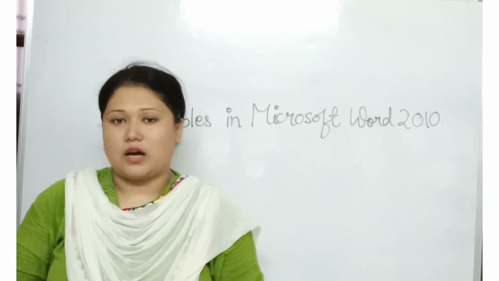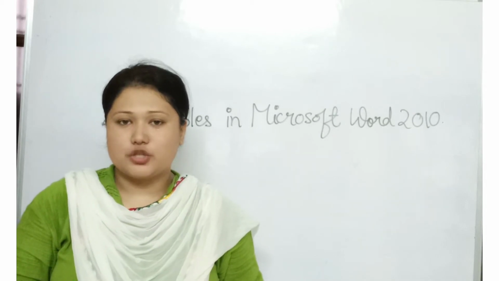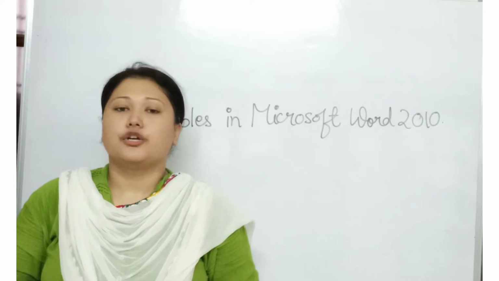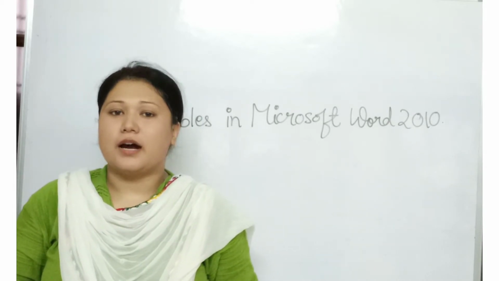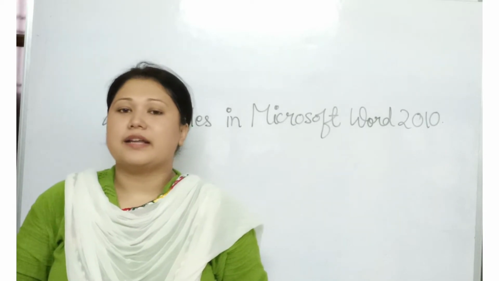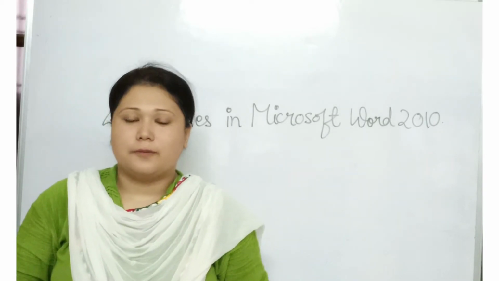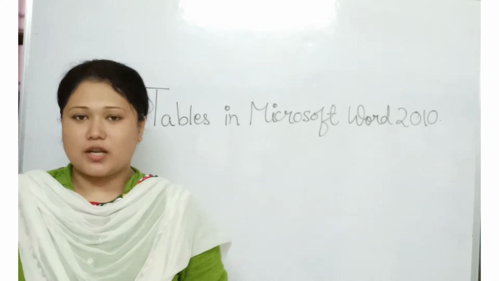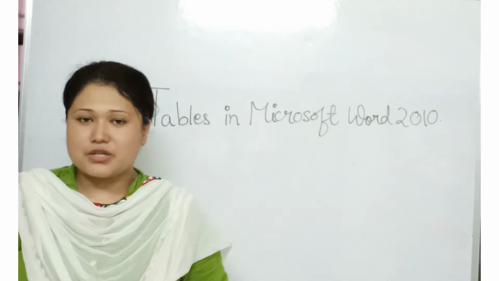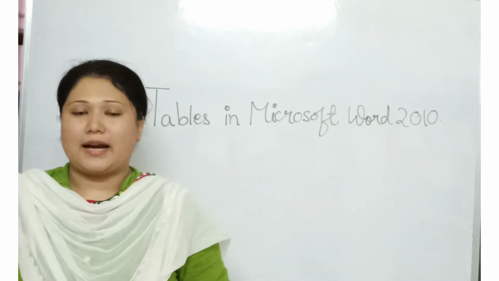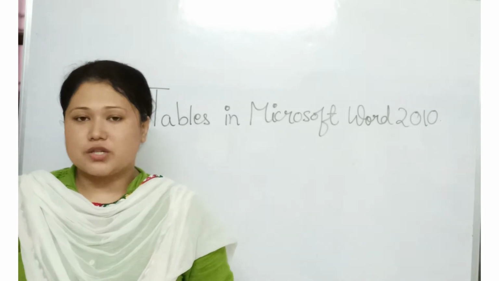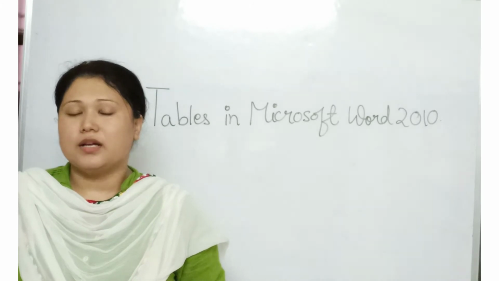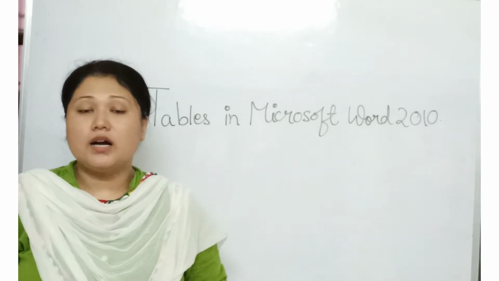MS Word allows us to add graphical objects like pictures, clip art and so many things to make our document attractive, informative and more presentable. Another important part of documentation is representing information in a tabular format, that is, representing the information or data which we are writing in our document in a table format.